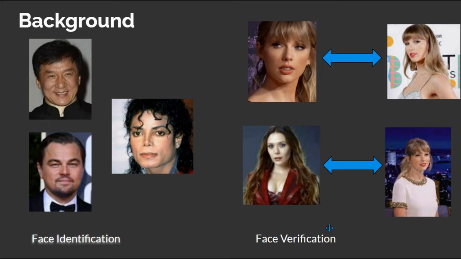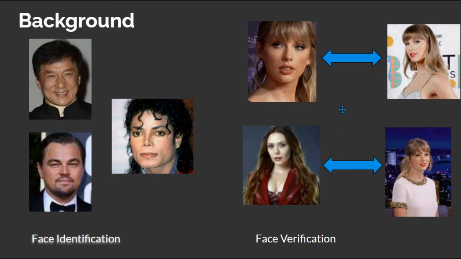But the task of face verification is easier. Given two images, for example, they are Taylor Swift's, but now let's assume that we don't know these two pictures come from the same person, Taylor Swift. We just compare their similarity to conclude whether these two pictures show the same person.